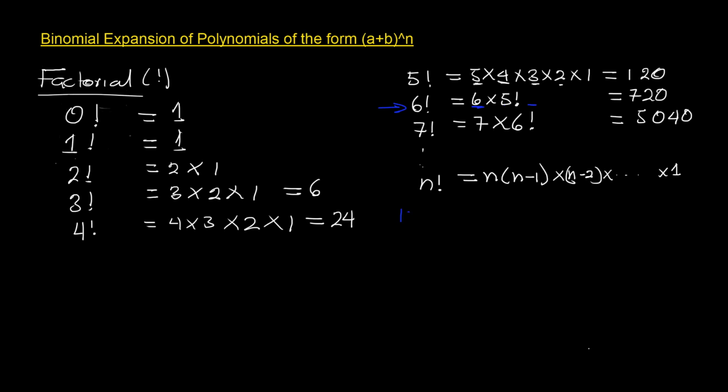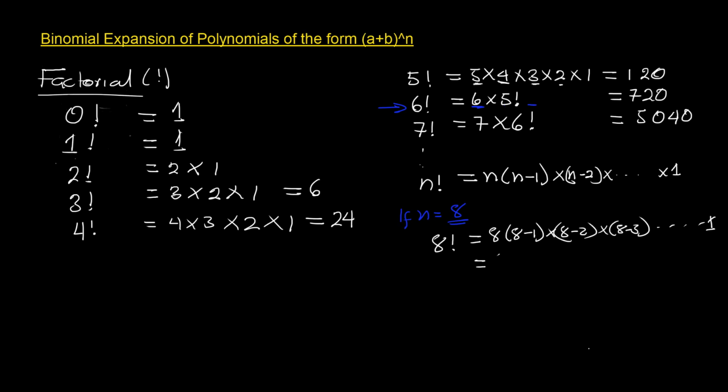In a nutshell, if n equals, say, 8, 8 factorial is equal to 8 times 8 minus 1 times 8 minus 2 times 8 minus 3, and this goes on till we get to 8 minus 7, which is 1.